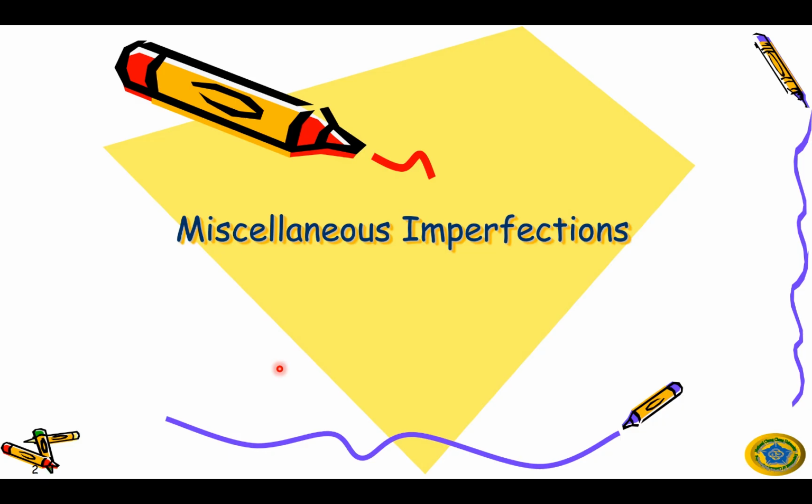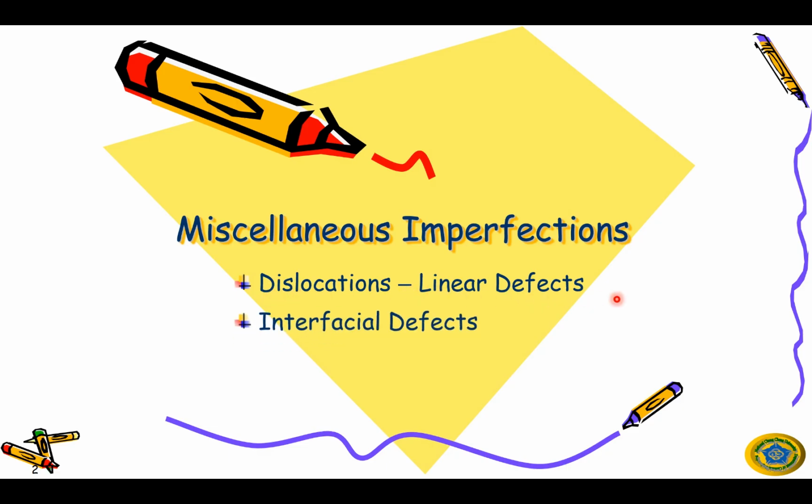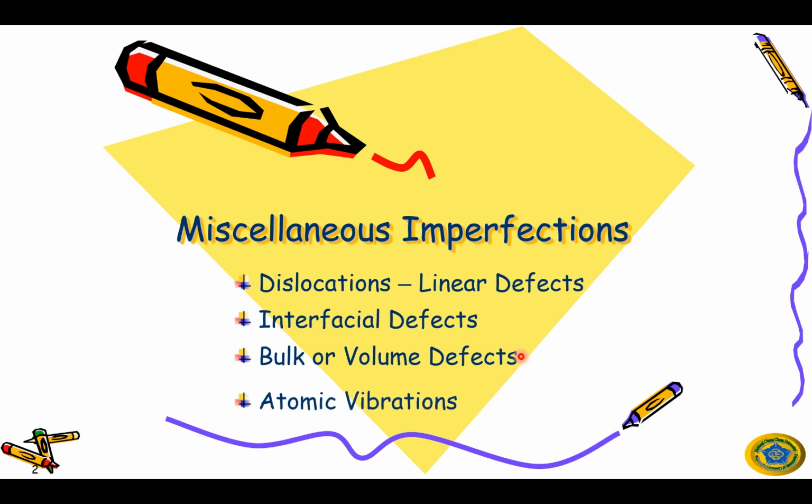For the one-dimensional defects, two-dimensional defects, and three-dimensional defects, we all call them miscellaneous imperfections. So this is one-dimensional defects. We also call them dislocation or linear defects. And the interfacial defects, two-dimensional defects, and bulk or volume defects. And after that is atomic vibration.